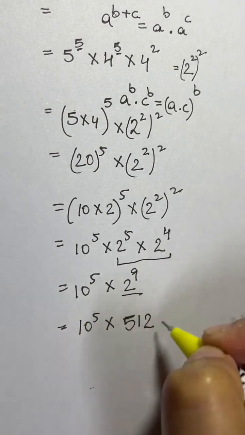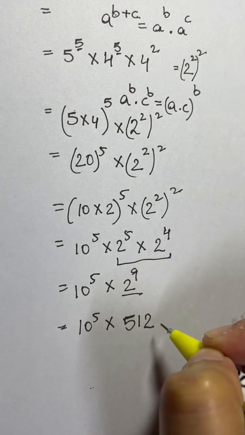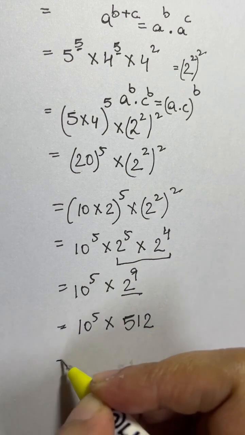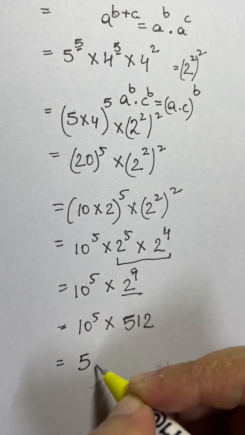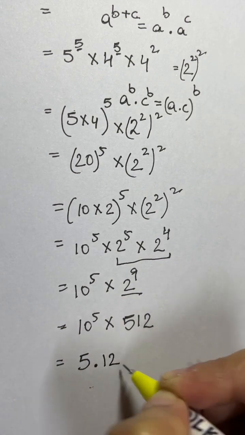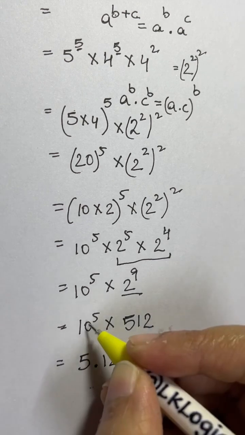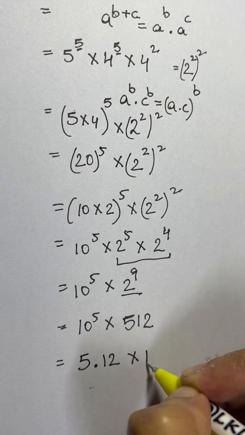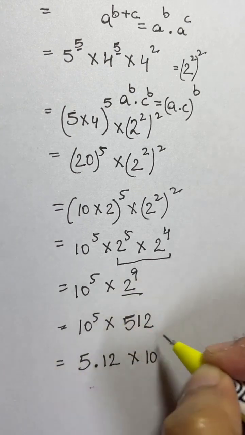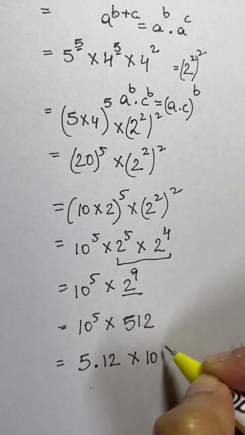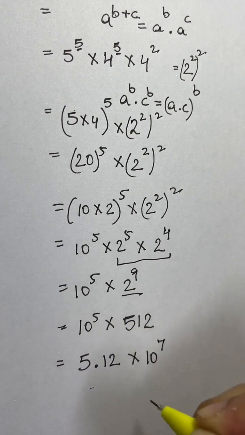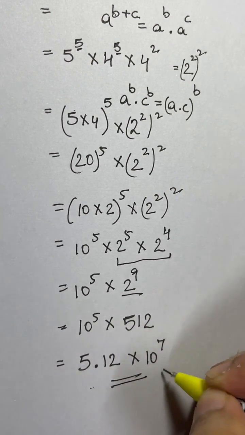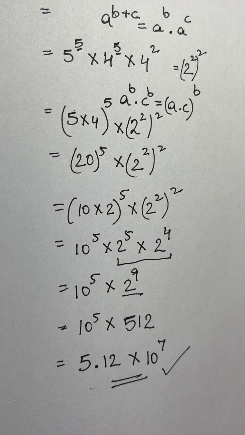Now writing this in terms of scientific notation, how can you write it? Write it as 5.12 times, what happens to the power? You have moved 2 digits, so that will get added up to the power. 10 to the power of 5 plus 2, 7. So that's how you got your answer.